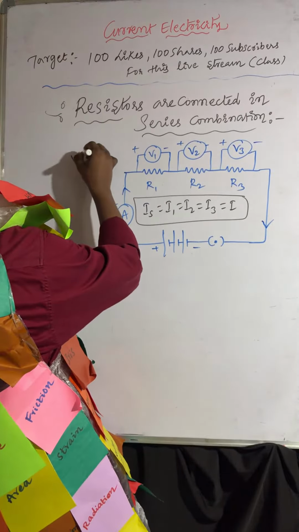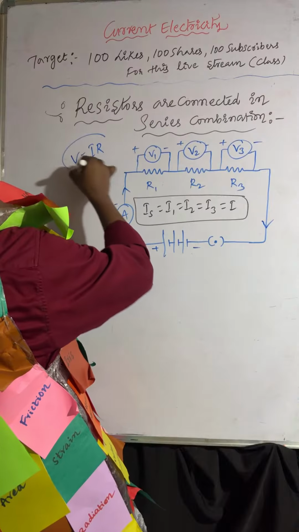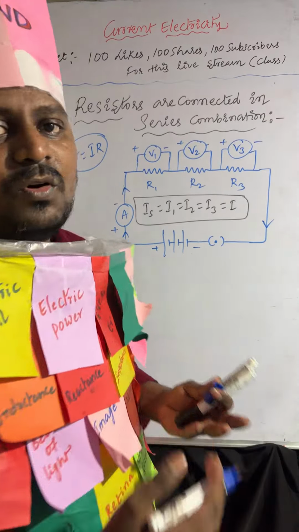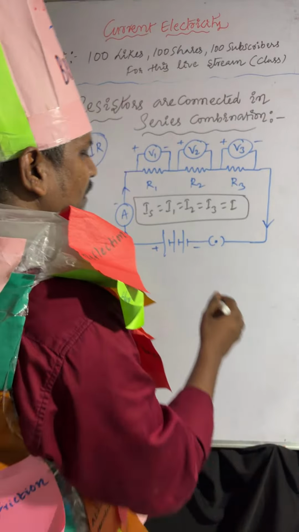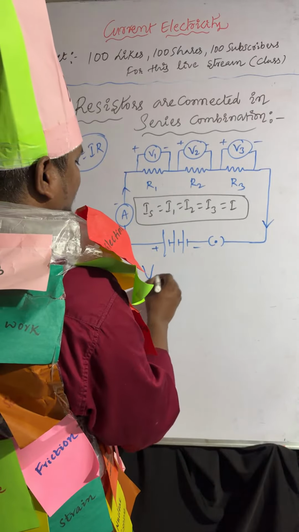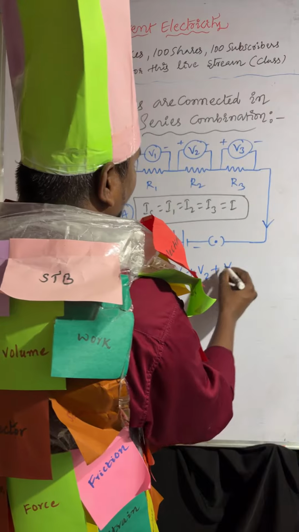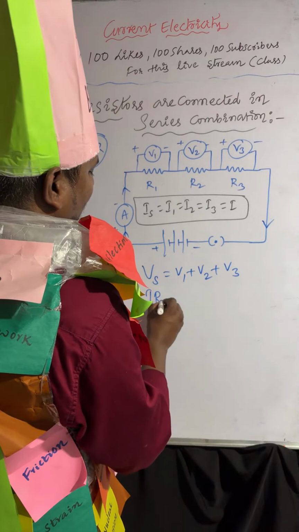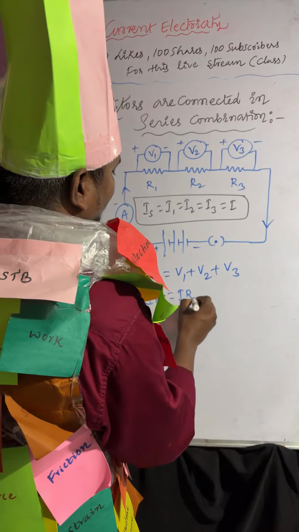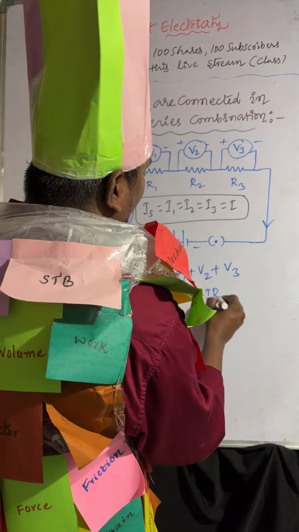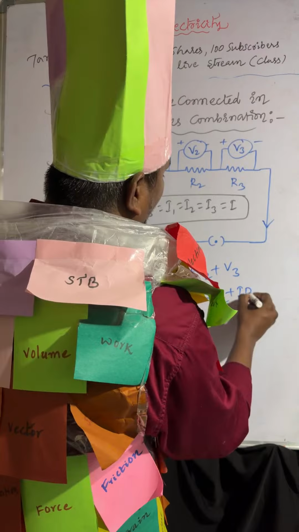From Ohm's law, V equal to IR. So now V is equal to V1 plus V2 plus V3. That is nothing but IR is equal to IR1 plus IR2 plus IR3.